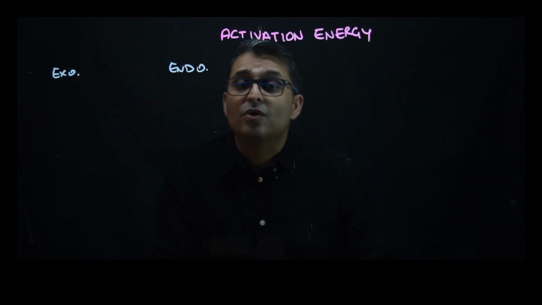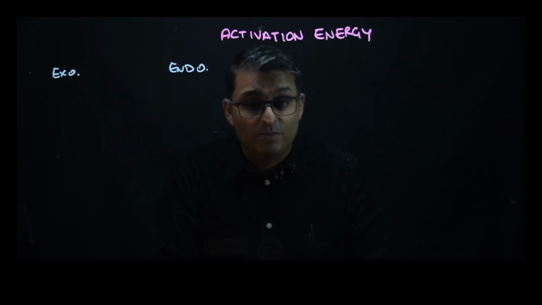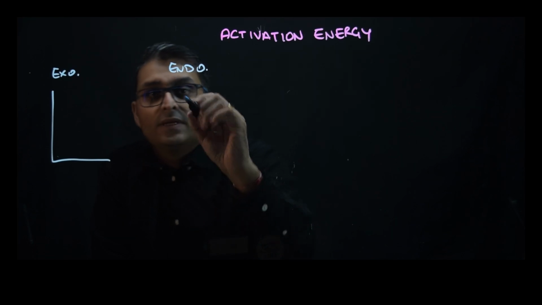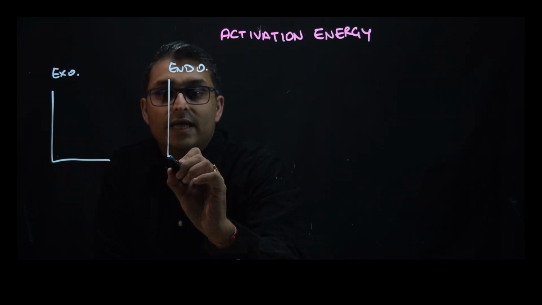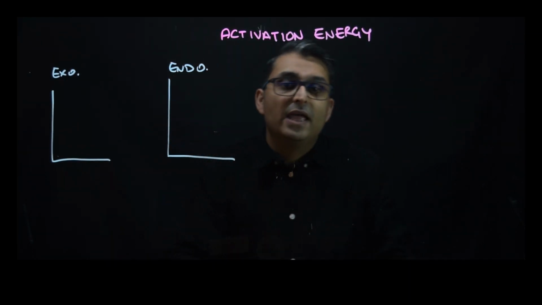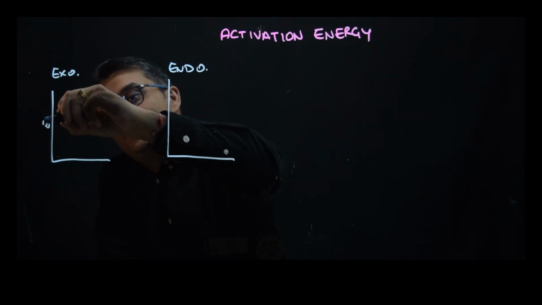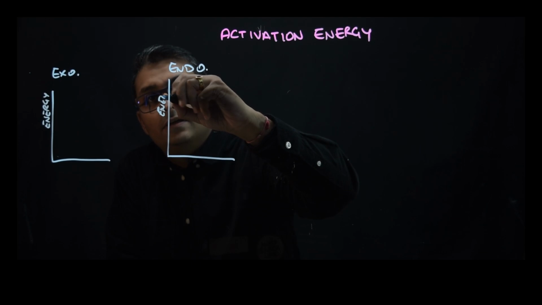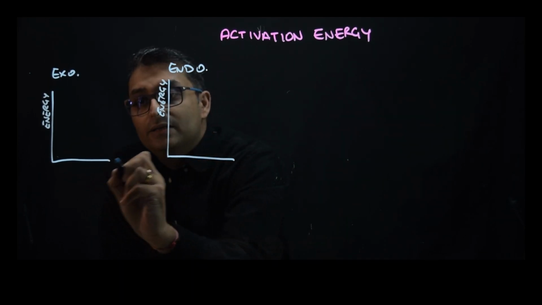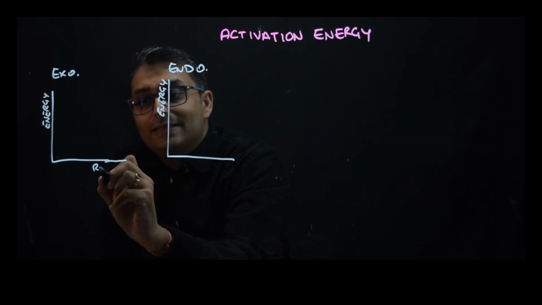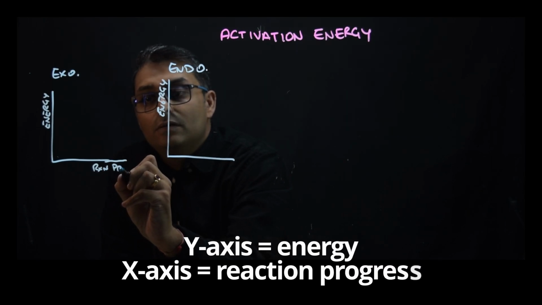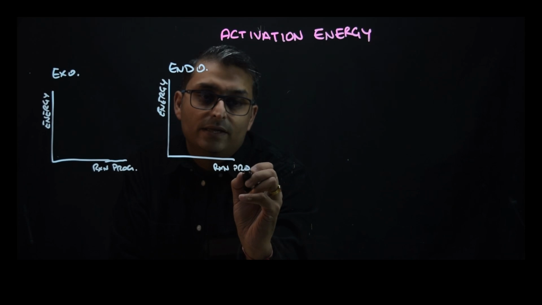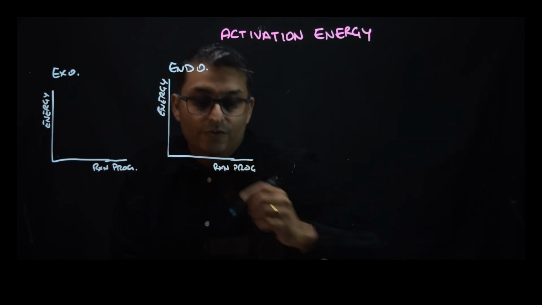Now this isn't a chemistry lesson, so I won't go into these two reactions in any great detail, but I will draw the reaction pathway diagrams for both, and they look a little bit like this. And the reason for drawing them is that I will refer to them in a future video as well. So on the y-axis for both you have energy, and on the x-axis you have reaction progress, sort of like the timeline of the reaction.